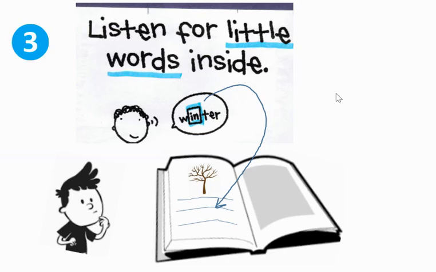If I take the first syllable, win, I hear a little word inside of win. I hear the I-N. Win. So you would know how to spell W-I-N, and that would help you a lot. That's half the word. Winter.